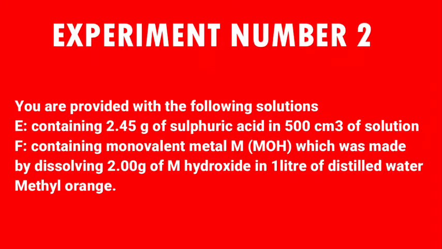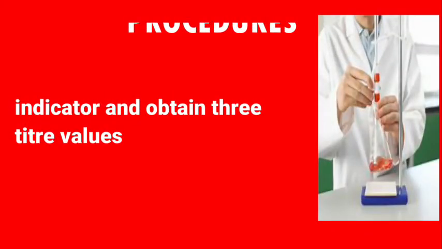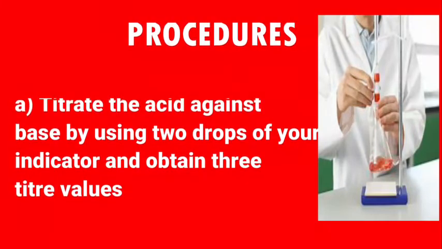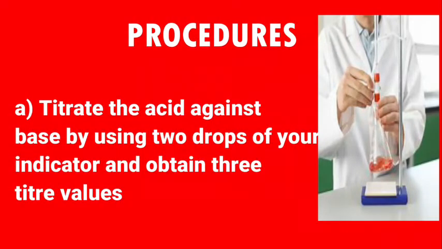Our indicator is methyl orange. Procedure: titrate the acid against the base by using 2 drops of your indicator, which is methyl orange, and then obtain 3 titer values of burette readings. Remember that solution E is acid and solution F is base.